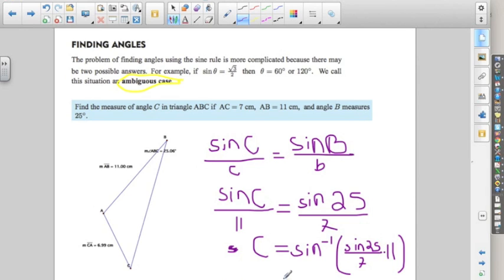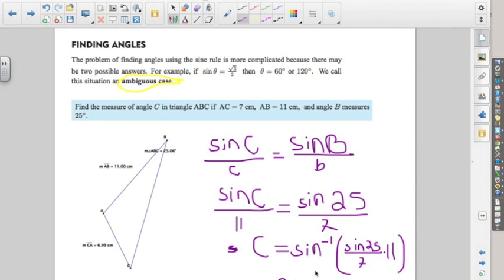Okay, and we do that on our calculator and we'll get an answer. So using my calculator, we found, hopefully you found as well, that this was equal to 42. Great, I have my answer.